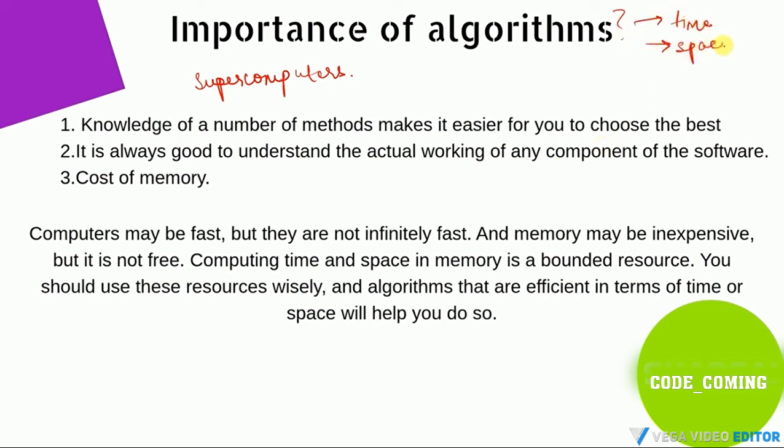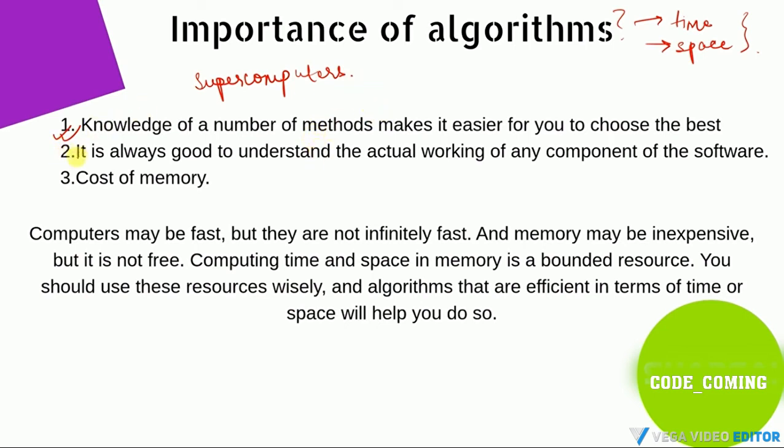Because these days, with advancing technology, we have very fast computers, and space costs almost nothing to us. But there are certain reasons why we should use algorithms and why we should have detailed knowledge about algorithms. Firstly, knowledge of a number of methods makes it easier to choose the best. Only if you know all the algorithms of sorting will you be able to find out which is the best method for you to use.